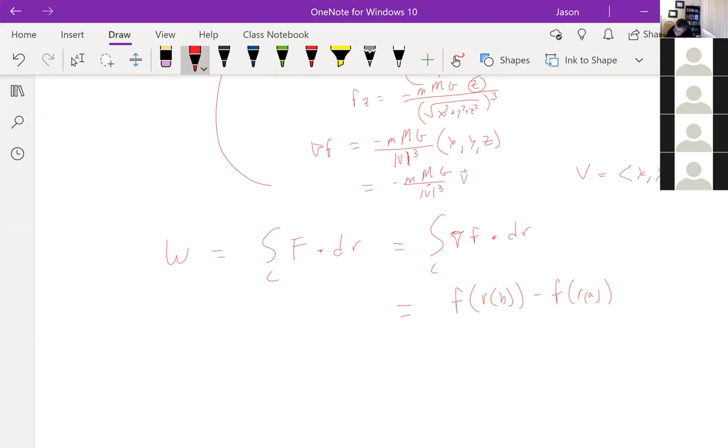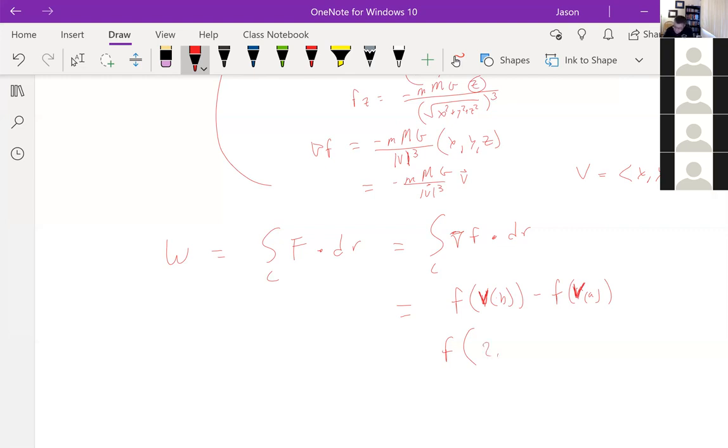Well, let's do it this way. We're going to say f of this vector, call this vector v, evaluated from b. What is b? b is my x, y, z of my first point. So I'm just going to say it's f of b.